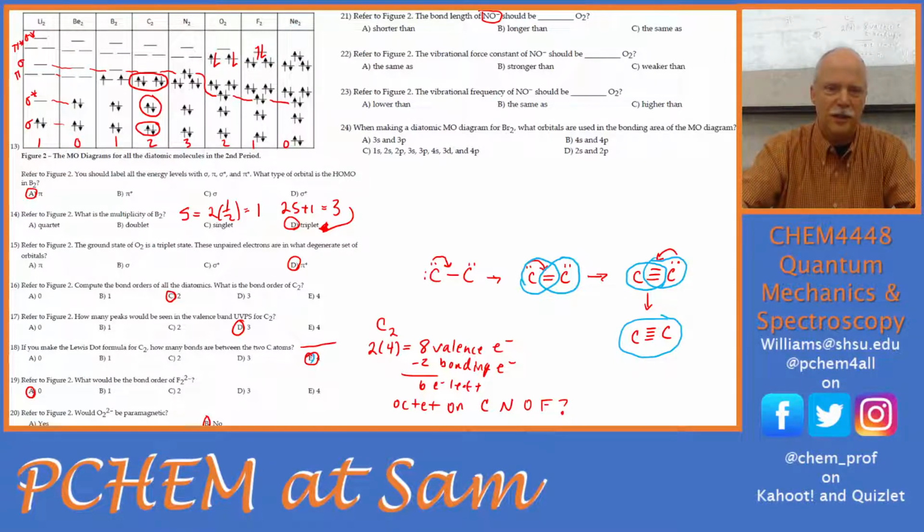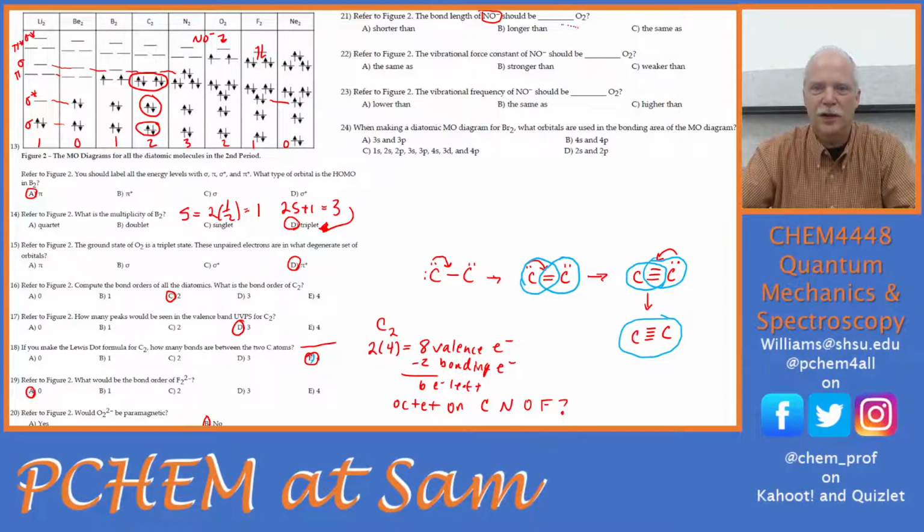So it should be the same as O2. So I'm going to go ahead and erase these 2 electrons that I added earlier. And so we're looking at this. So NO minus is also isoelectronic with O2. So the bond length would be the same as, if you're just doing a sketch, whether it be shorter or longer or the same as, it's going to have the same bond order as O2. So the bond length should be the same.